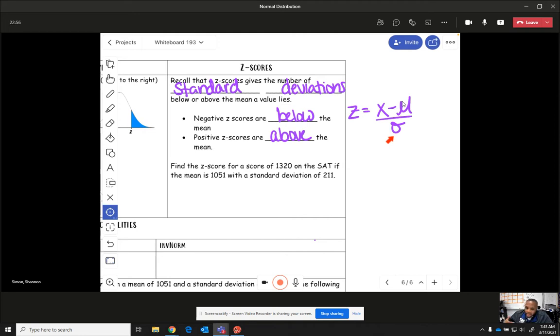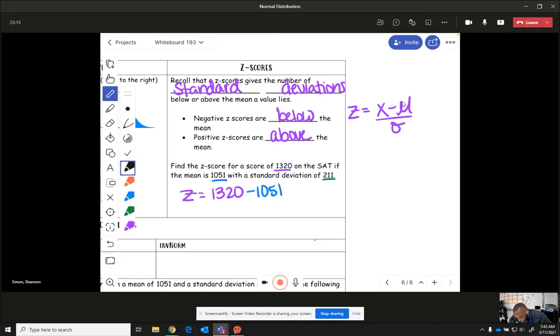And so if I want to find the z-score for a score of 1320, with this mean and this standard deviation, we just do z equals 1320 minus 1051 divided by 211.